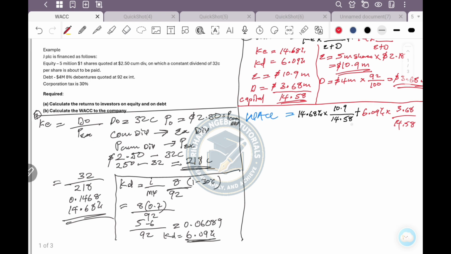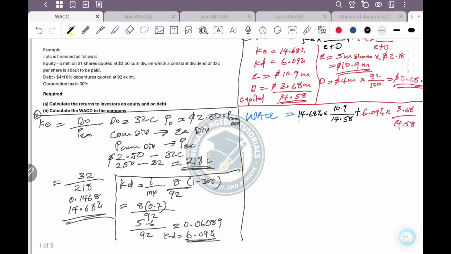Now you need to solve for each. Don't mix them. Remember, one thing you need to know, you have these numbers in percentages. You have this in percentage, you have cost of debt in percentage. You cannot multiply them in percentages. So all you need to know is to be able to convert them, instead of relative terms, into absolute terms.